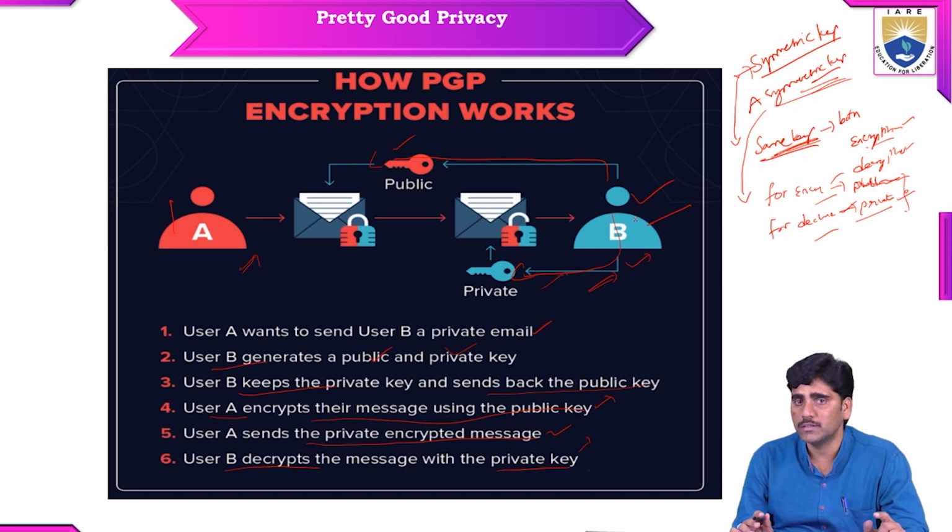So here, generation of the keys is very important. User B actually generated both keys, and one key, the public key, is sent back to A. Now user A uses the public key to do the encryption process and sends that mail or file to user B. Now user B receives that mail.